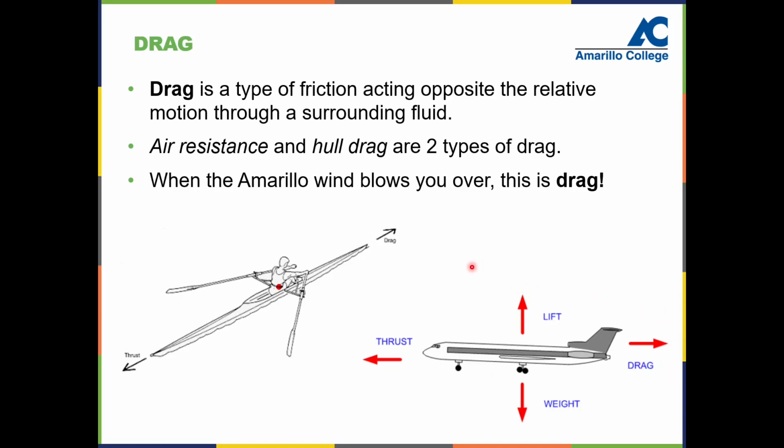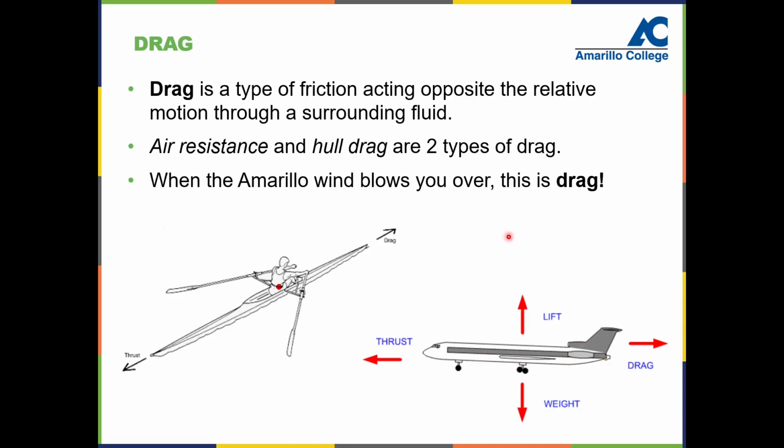Drag is a very well-studied phenomenon in physics, especially in engineering, because if I can reduce the drag on things like airplanes or cars as they move through the atmosphere, I can improve the fuel economy of these vehicles and reduce the amount of fuel I'm burning. That's better for the environment, and it saves everybody money from having to pay for fuel. So this is an example of why drag is so important.